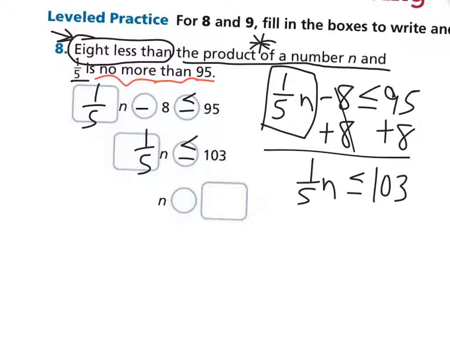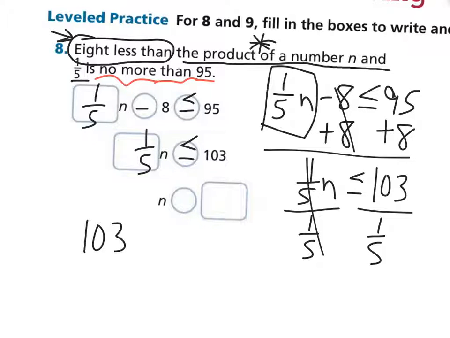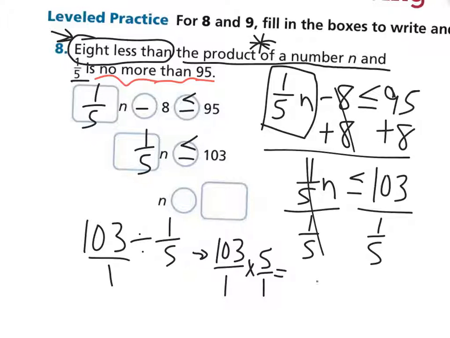And then the last step, you could say they're multiplying by 1/5, so we can divide by 1/5. When we go to divide by 1/5, dividing by a fraction, once again, is keep change reciprocal. And if you multiply, that would be 515 over 1, which is the same as 515.